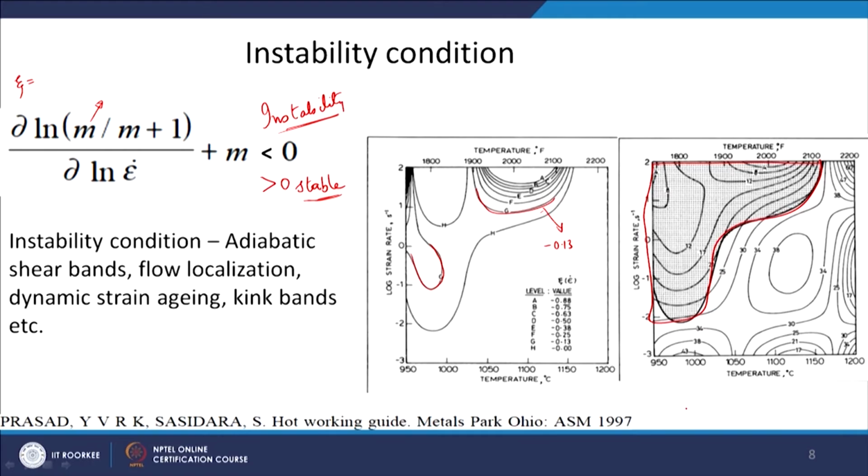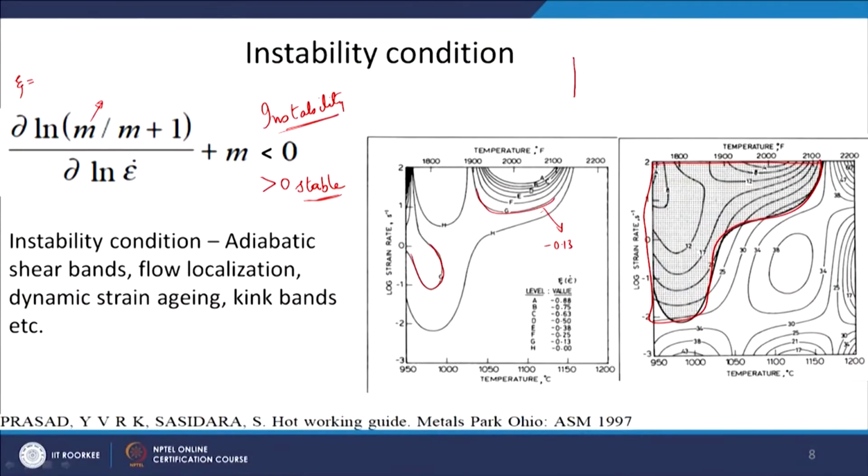We have already seen, when we were developing the constitutive equation, how you can get these parameters. So, I hope you will be able to do these kinds of calculations without any problem. For example, if I want to know m, this is epsilon dot, this is sigma, and you have a variation like this, as we have just seen.